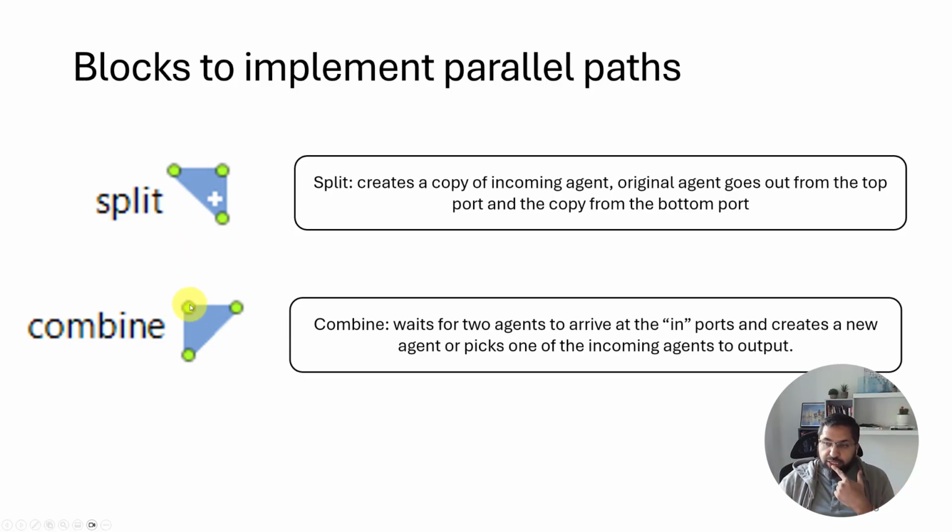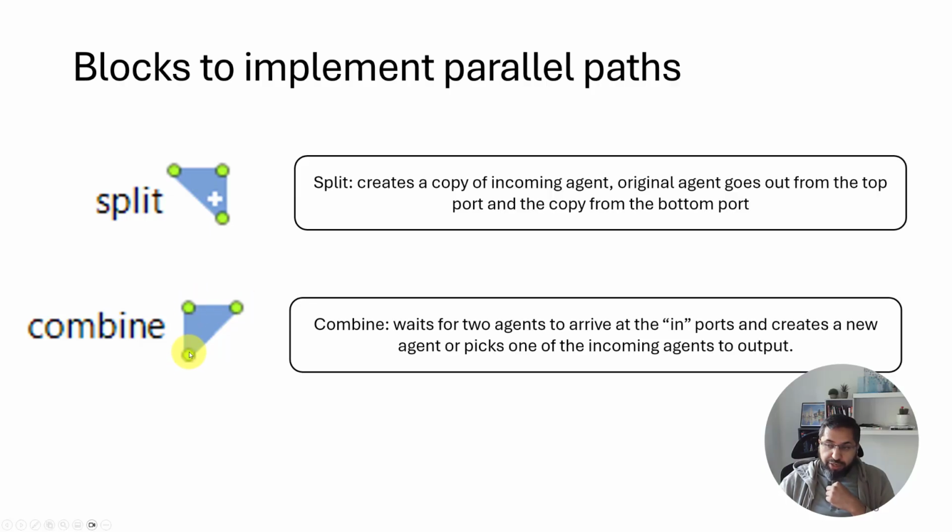So we can just take this agent and let it go out here. Any option you pick, take agent one, agent two, or make a new copy, will give you the same results because they're identical. There's no change in the information they carry for us. Okay. The key part for the combine block is it waits for two agents to arrive. So if, let's say, this goes through path A, this goes through path B, and path A is faster. If an agent arrives here quickly from path A, it's not going to just send it out.